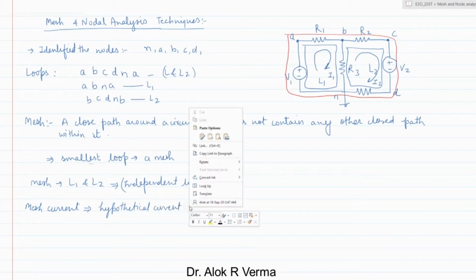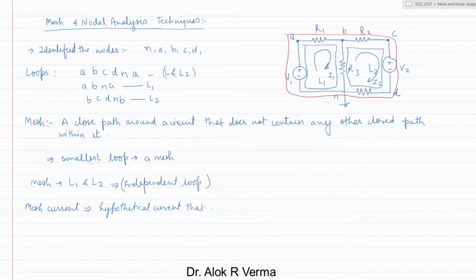It is a hypothetical current that flows along the perimeter.